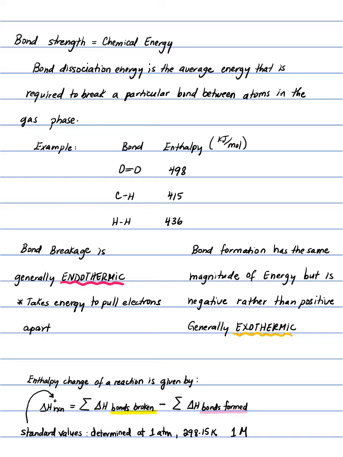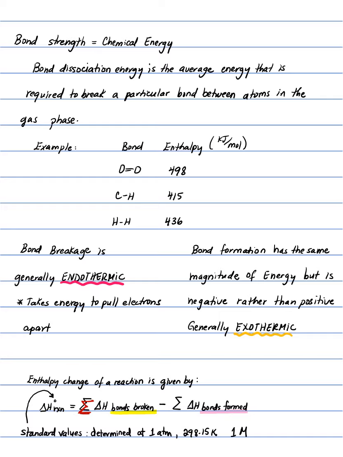So let's do one problem so we can go over the equation. On the equation, you have the symbol for the sum, which is this symbol right here. That's the sum of the delta H for your bonds that are being broken.